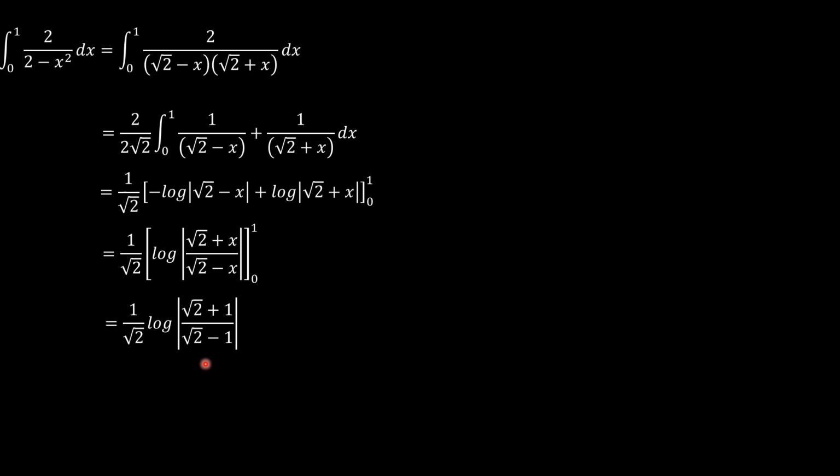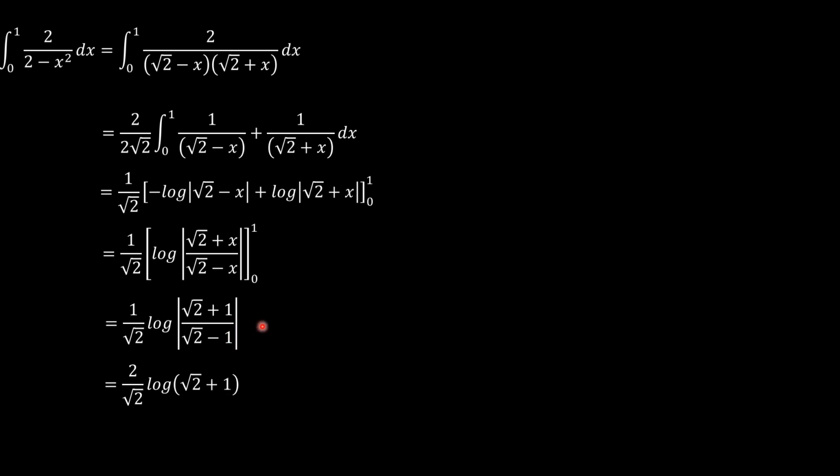Now if you multiply the denominator and the numerator by square root of 2 plus 1, the denominator becomes square root of 2 squared minus 1, which is 1. In the numerator you get square root of 2 plus 1 all squared. And so because you have a square inside the log function, you can take the 2 outside to the constant side. And that becomes 2 over root 2 log of root 2 plus 1.